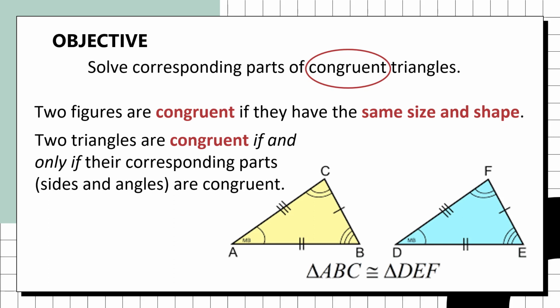So, we should have 6 pairs of congruent corresponding parts. O, bakit 6? Kasi we have 3 angles for each triangle at meron din tayong 3 sides for each triangle. Ayan. So, kaya 6. Okay? So, yung knowledge na yan, yan ang gagamitin natin sa lesson natin today.